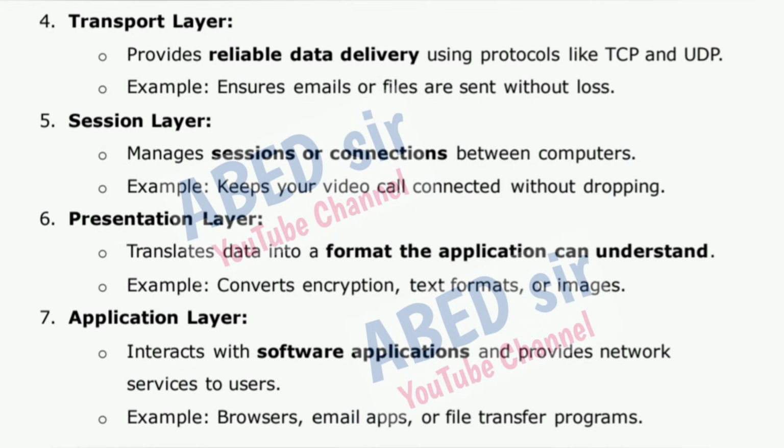Presentation layer. Translates data into a format the application can understand. Example, converts encryption, text formats, or images. 7. Application layer. Interacts with software applications and provides network services to users. Example, browsers, email apps, or file transfer programs.